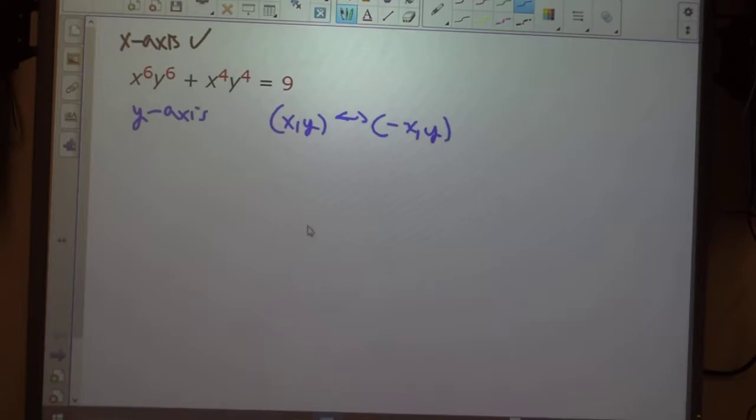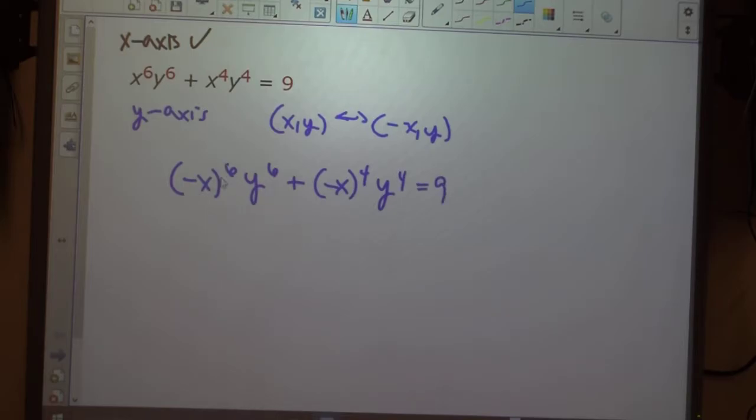So it's the same procedure now. Plug things in with this point. So x is going to be negative now, right? And the y is going to stay y. So we're going to go negative x to the sixth, y to the sixth, plus negative x to the fourth, y to the fourth, is equal to 9.